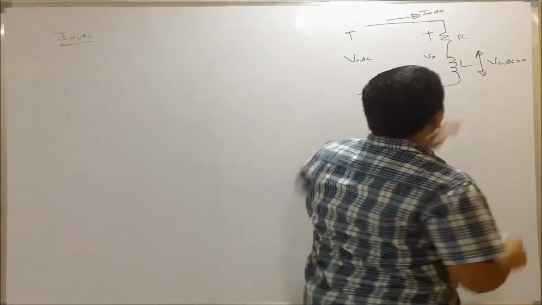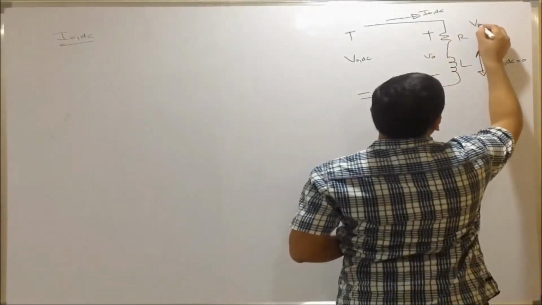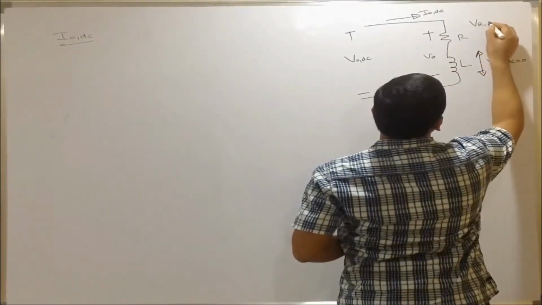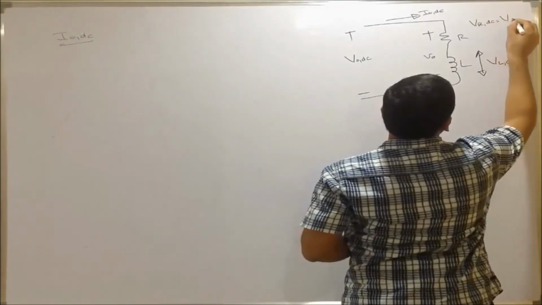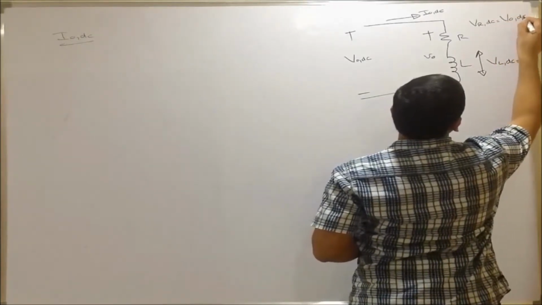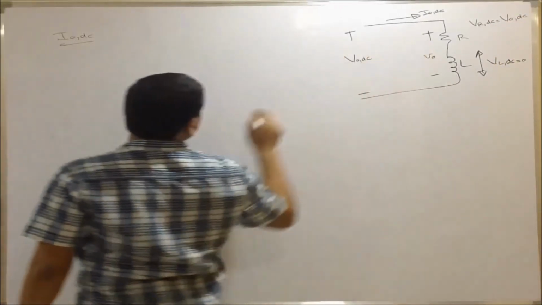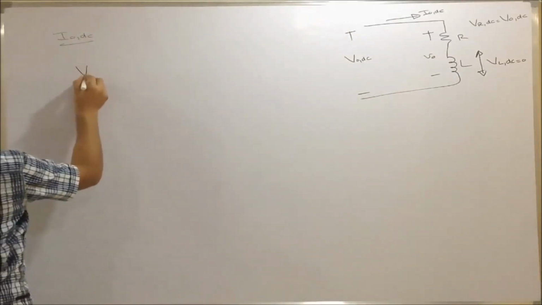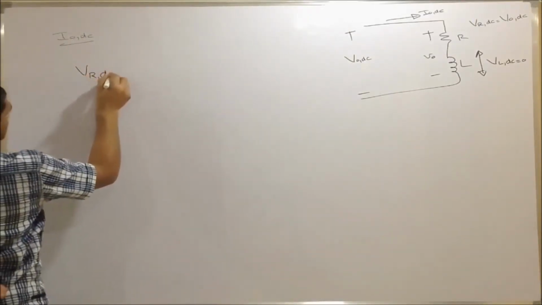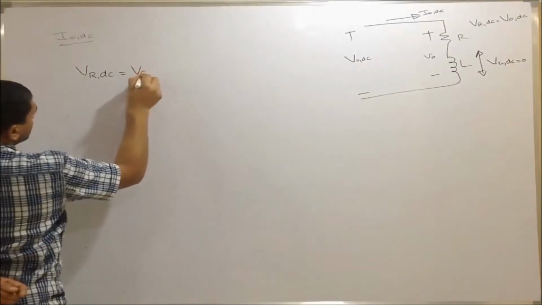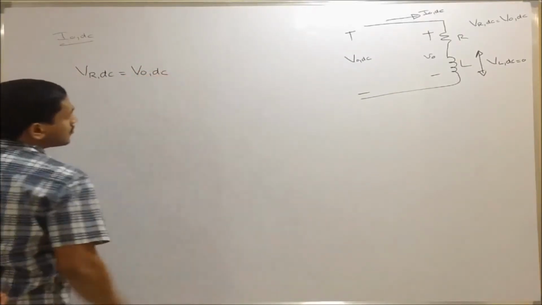So VR DC is equal to V naught DC. Now what I got? VR DC equal to V naught DC.